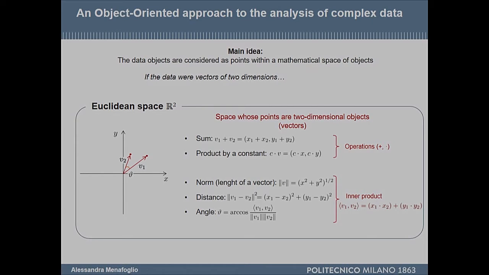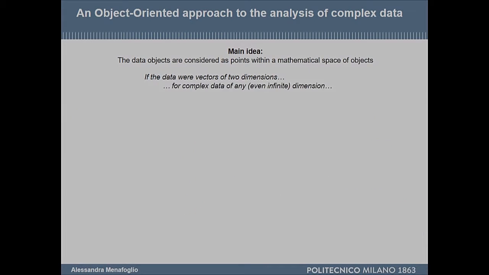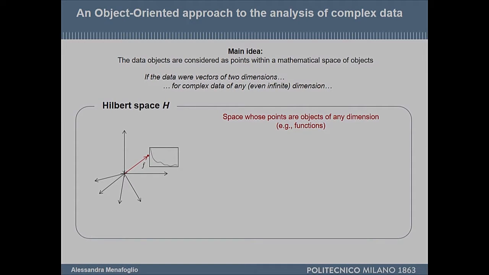Now, it turns out that all these properties can be measured once we have definitions of operations and the definition of an inner product, or a scalar product. Now, the idea is that for complex data, we have mathematical spaces that have a similar structure, and these are Hilbert spaces. Now, of course, the dimensions are much more than 2, but the idea is the same. So we have vectors, we have points of these spaces that are objects. In our case, will be most of the times functions.